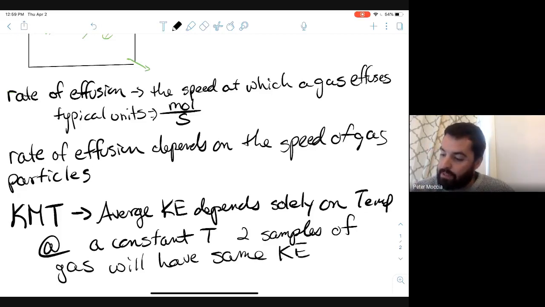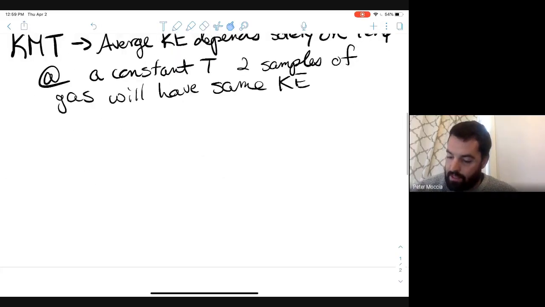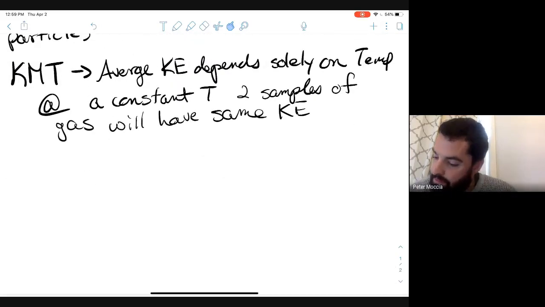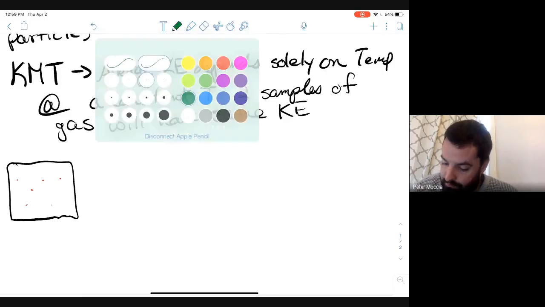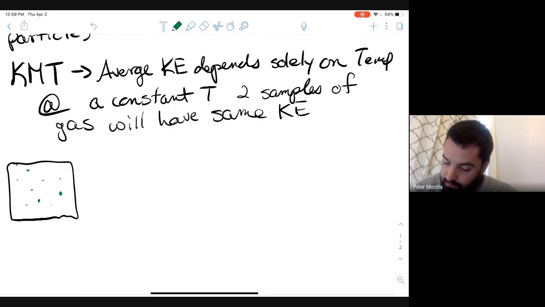So let's say I have two samples of gas. I'm just going to draw out another container that has two samples of gas in it. So boom, boom, boom. I have two samples of gas. One of them I'm going to make red gas. And the other one I'm going to make green. Okay. So let's say we're at 35 degrees Celsius, okay?